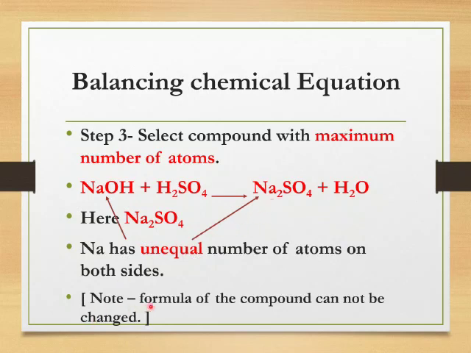Students, note that the formula of the compound cannot be changed. So we cannot write any number over here, but if we want to change, we can write the number on the left hand side of the chemical formula, it means that we are taking two molecules of that particular compound.